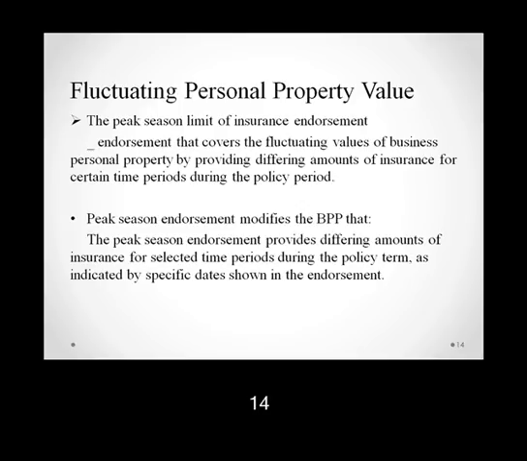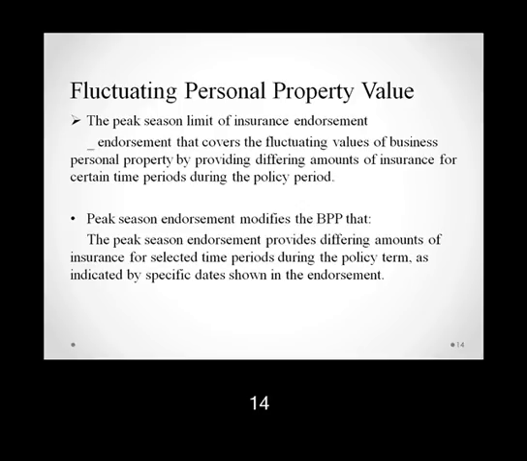For example, if you sell swimsuits and you have it covered under a BPP providing $3 million of coverage on business personal property, with a peak season endorsement that increases the coverage to $4 million from February through May, which is the peak time of your manufacturing of swimsuits.